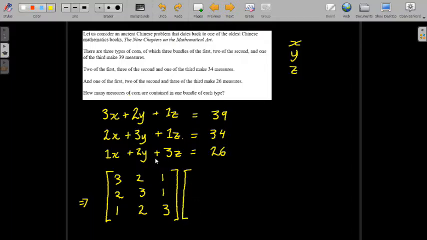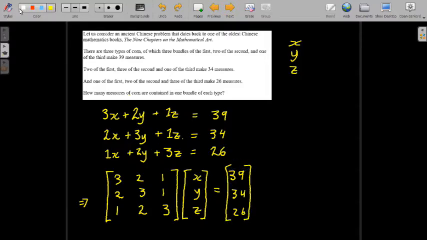The second matrix is going to be our unknowns, so x, y, and z, all vertically. Once I've done that, I have 39, 34, and 26.